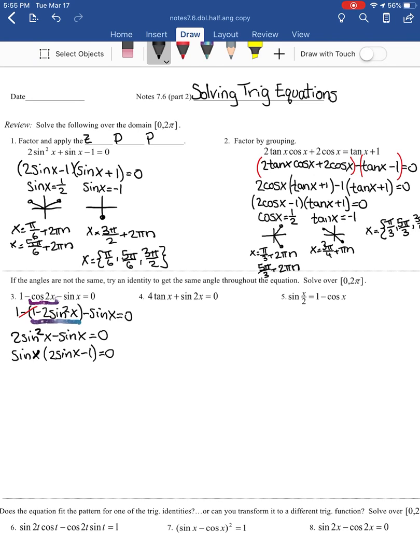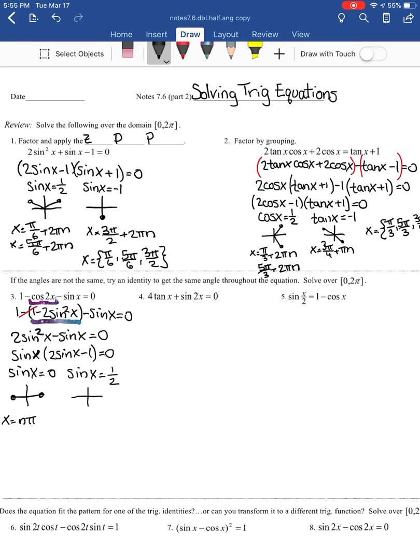So once again, I have either the first thing is equal to 0 or the second thing is equal to 0. I do my little unit axes. Sine of 0 happens there, or x equaling n pi.